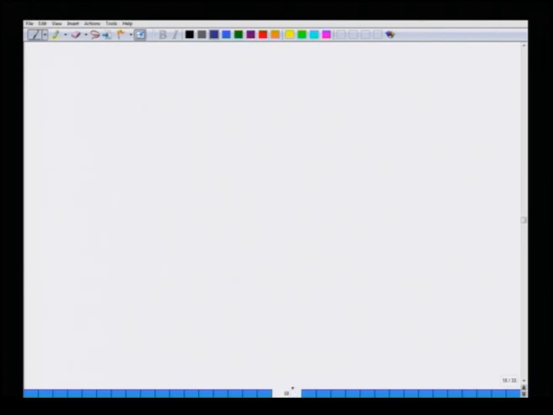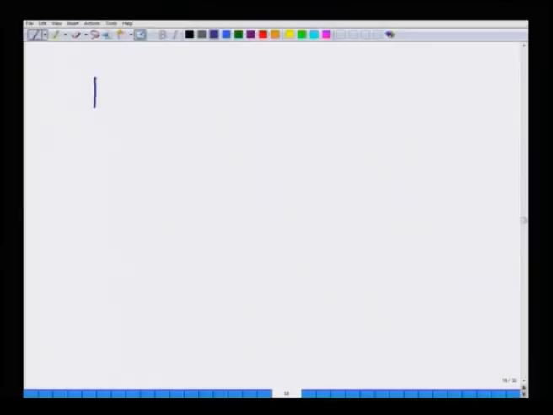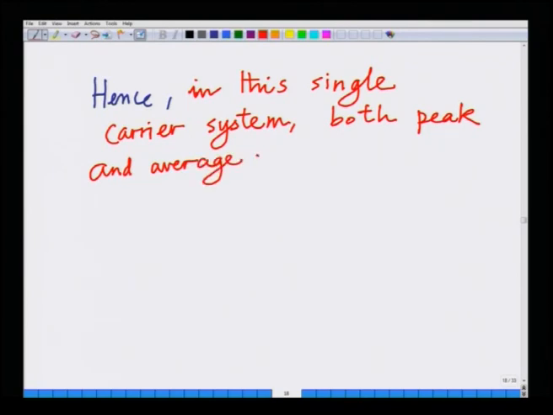Hence, both peak power and average power in this single carrier system are A square, where A is the transmitted amplitude.